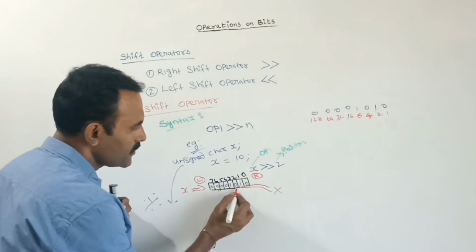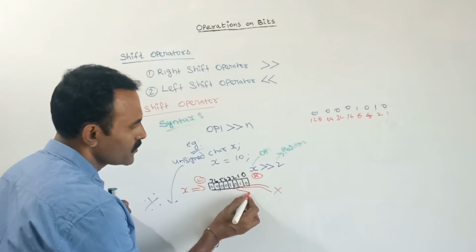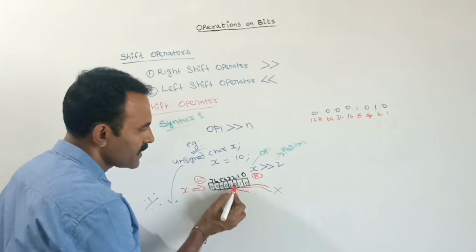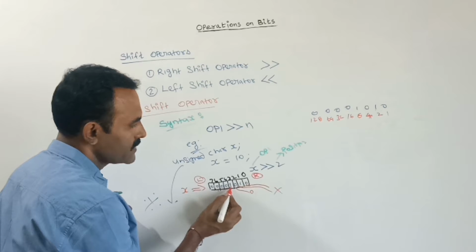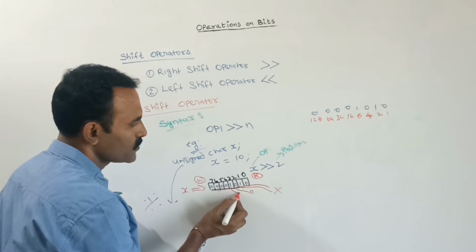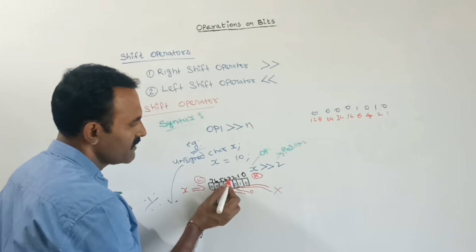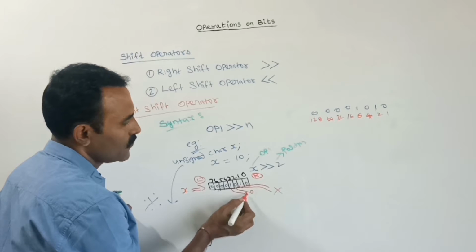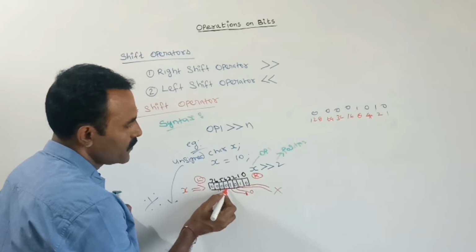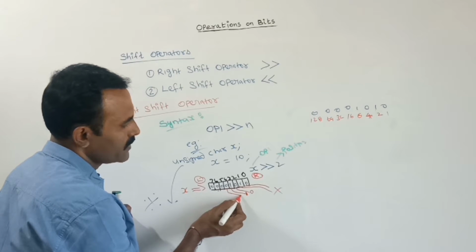Next, the second position value moves to the 0th position. What is the value of the second position? The second position binary value is 0. This 0 moves to the 0th position. Next, the third position value moves to the first position. What is the binary value of the third position? 1. So this 1 moves to the first position. Next, the fourth position value moves to the second position.